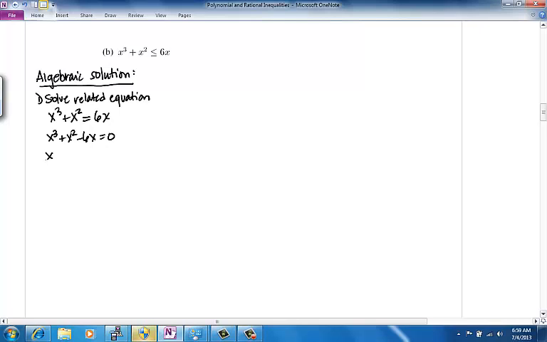We can take an x out for the greatest common factor, and we use reverse FOIL here. We have x plus 3 times x minus 2. So we can see our solutions are 0, -3, and 2.